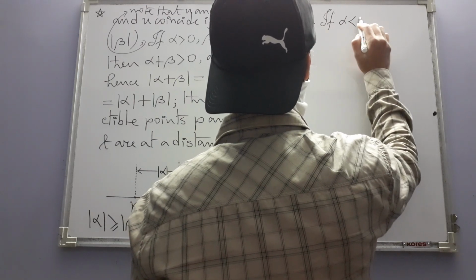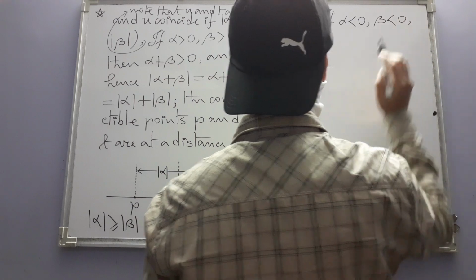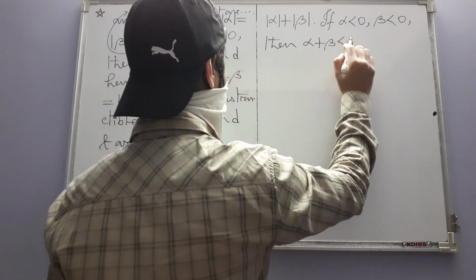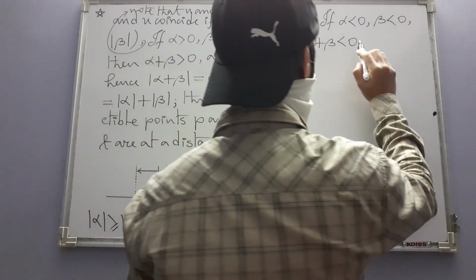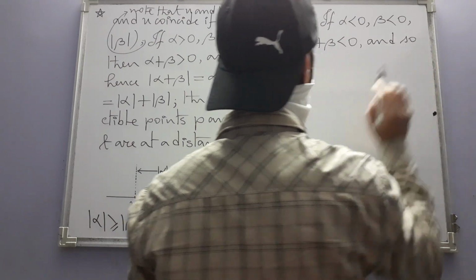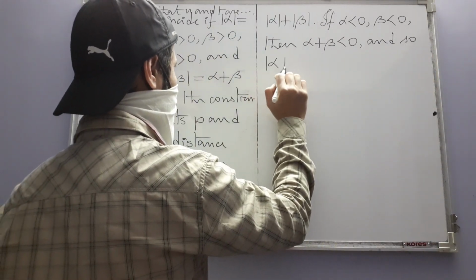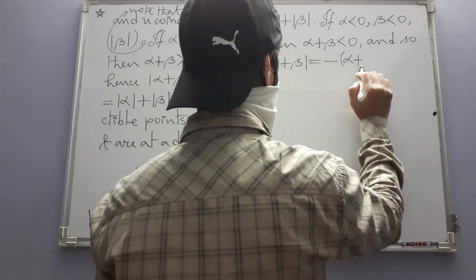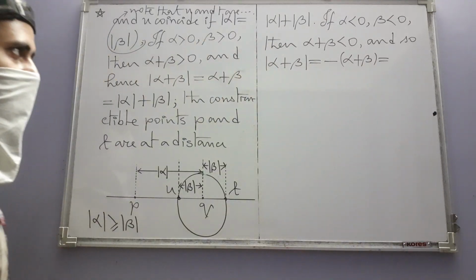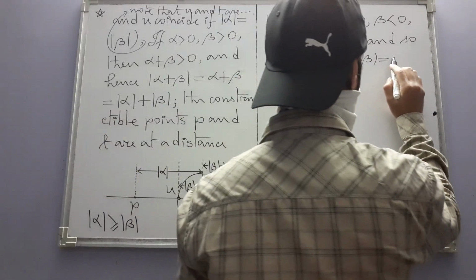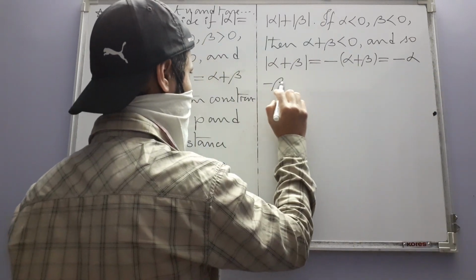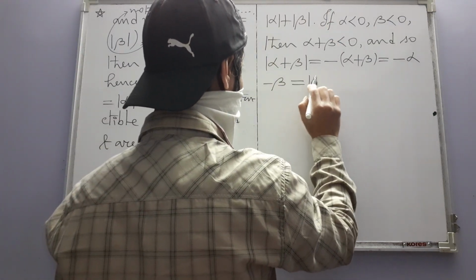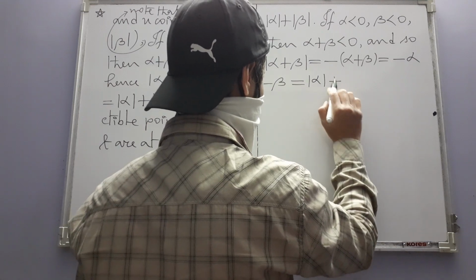If both alpha and beta are negative, then alpha plus beta is also negative, and hence the absolute value of alpha plus beta in this case is going to be minus of alpha plus beta, because alpha plus beta is negative, which is minus alpha minus beta. But because both alpha and beta are negative, minus alpha is the absolute value of alpha and minus beta is the absolute value of beta.